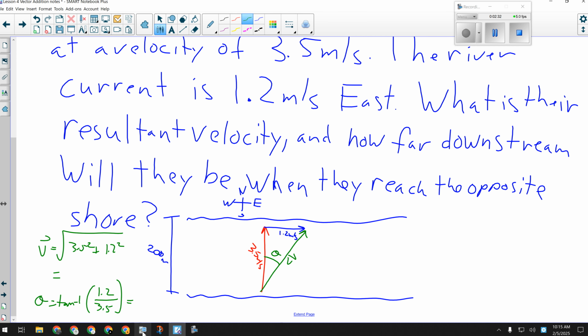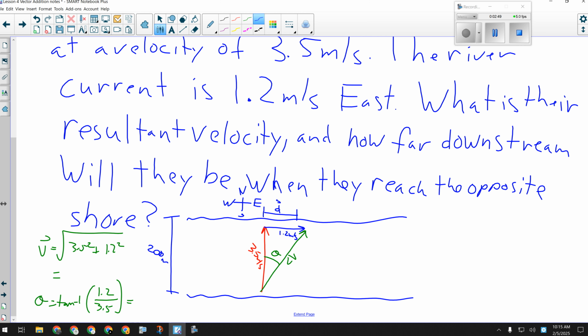They also want to know how far downstream they will be when they reach the other side. So downstream is actually this direction. I need to know what this displacement is here. In order to do that, what do I need to know?